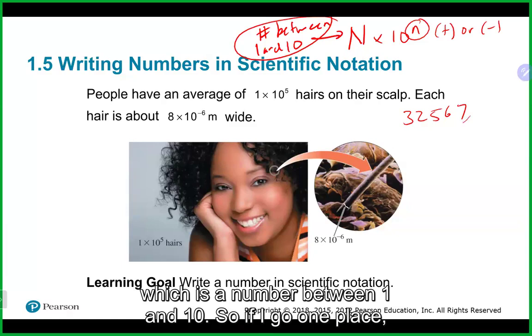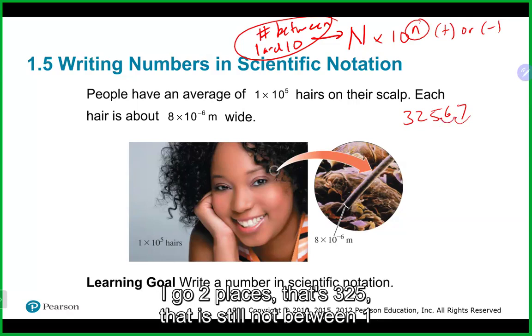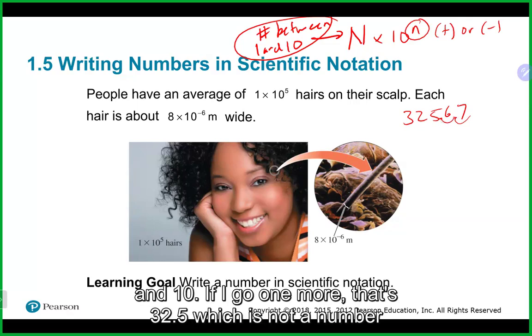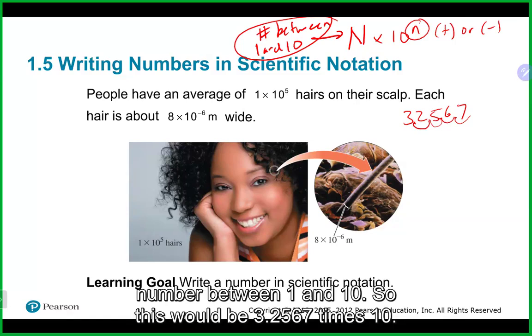If I go one place, that's 3,000, which is not a number between 1 and 10. If I go 2 places, that's 325, still not between 1 and 10. If I go one more, that's 32.5, which is not between 1 and 10. I go one more, now I'm at 3.2567, and that is a number between 1 and 10.